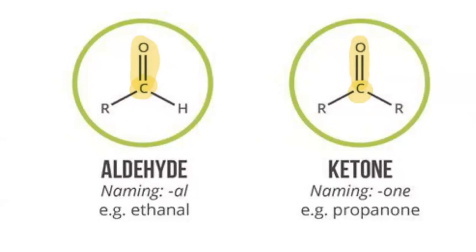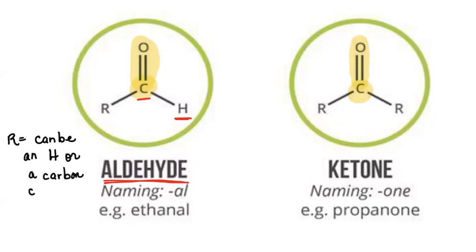So how do I know that I have an aldehyde? Because I have a carbonyl group that is attached to hydrogen on one side, and then the R group can be an H, meaning a hydrogen, or a carbon chain.